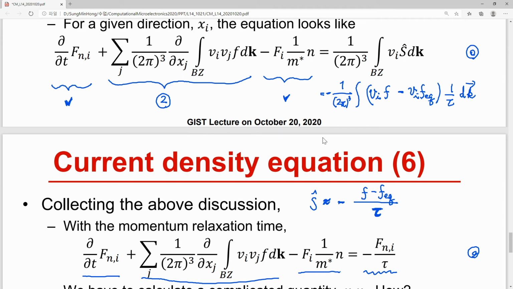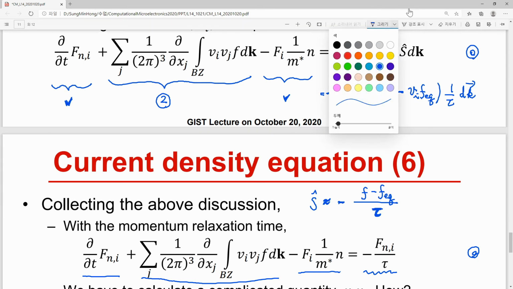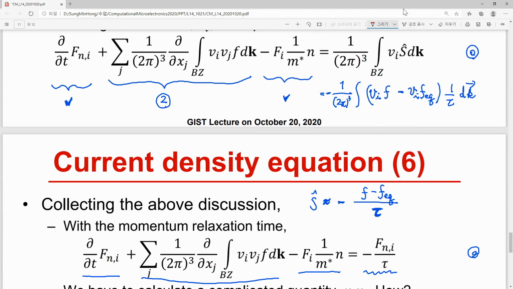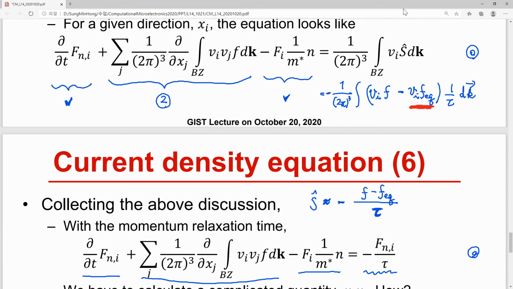And you can understand that f_eq is nothing but the equilibrium distribution function, and this is the integration of velocity times distribution function, which corresponds to the flux. However, if we use the equilibrium distribution function, then the related flux is just 0. When we evaluate the integration of this term, that will give you just 0.